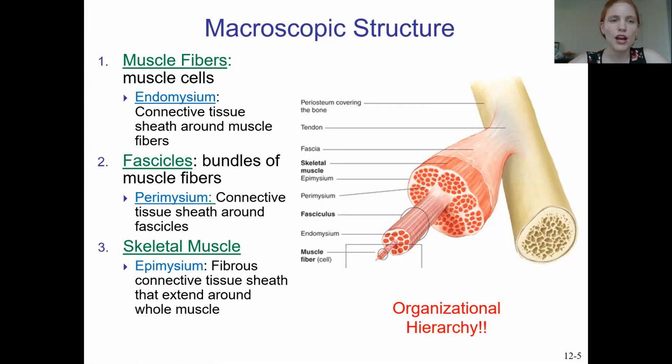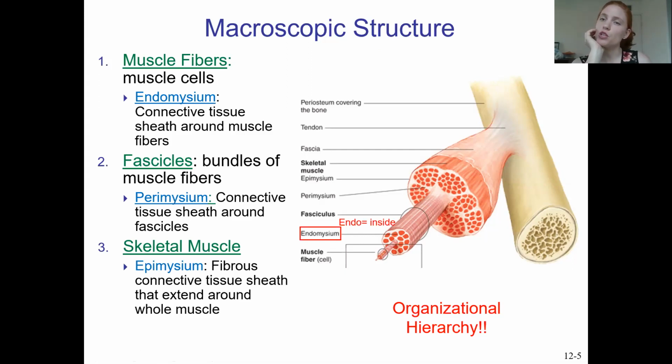And then surrounding an individual muscle fiber is an endomysium. What does endo mean? Endo means inside. So around one specific muscle fiber, you have a layer of connective tissue to protect it. That is the endomysium. And then those muscle fibers organize and collect so that they all are running parallel.